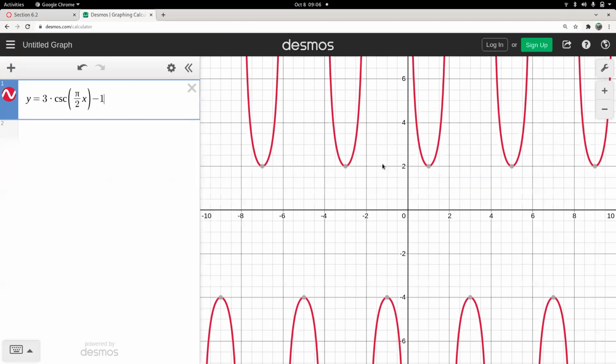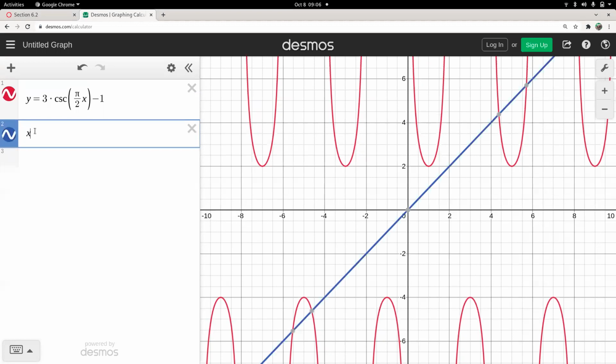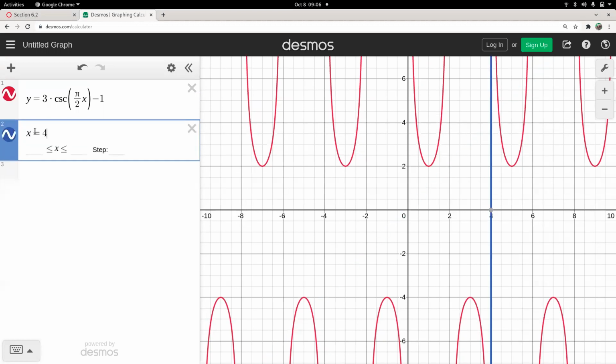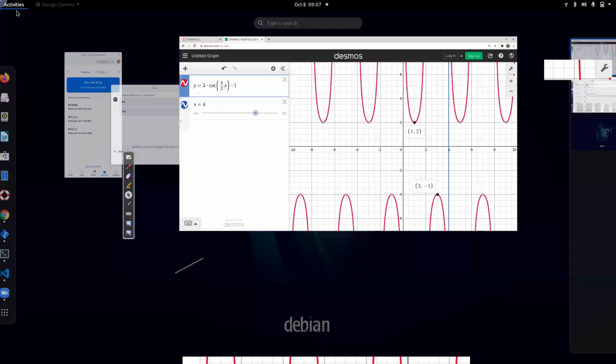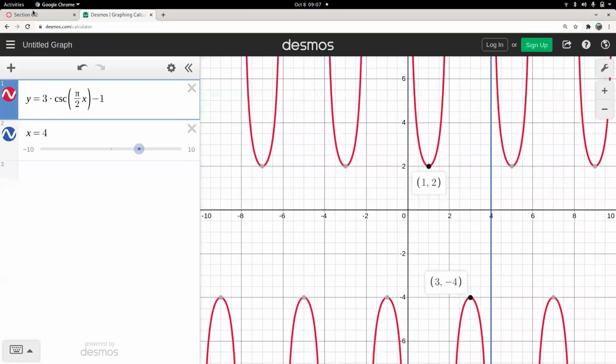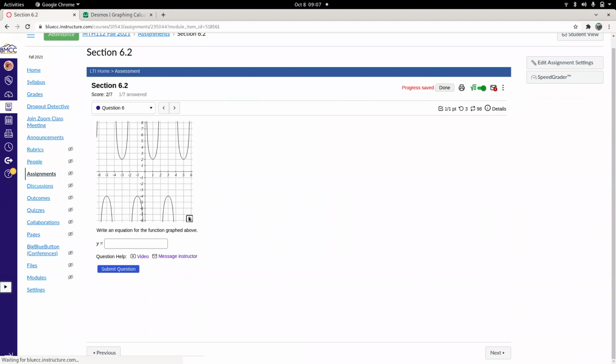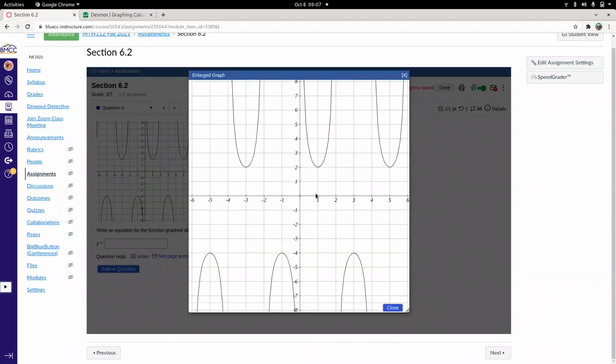And so then let's double check that I got the period right. If I graph x equals 4, I should see that contains 2 segments of this that then repeat. So that looks good. And then I have a point here at 1, 2, and a point here at 3, negative 4, which is what it looks like here. 1, 2, and 3, negative 4.